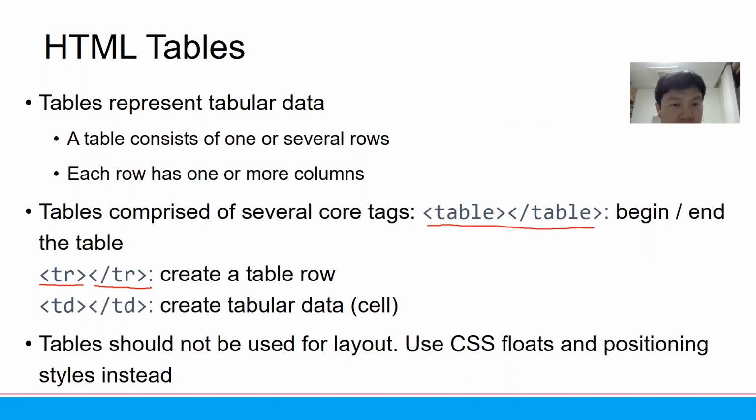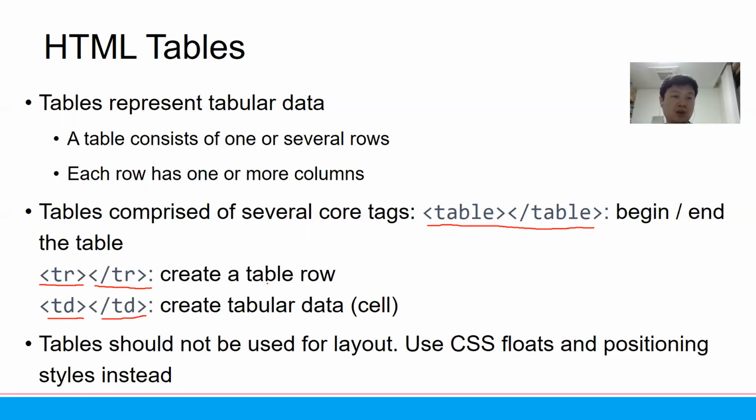This is tr, and in a row you will have several cells, or we call it a column. Okay, so in order to make the column, you need to create the td, and don't forget to make the ending of the td. The td means the tabular data, tr means the table row.